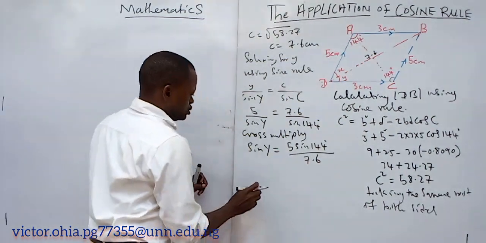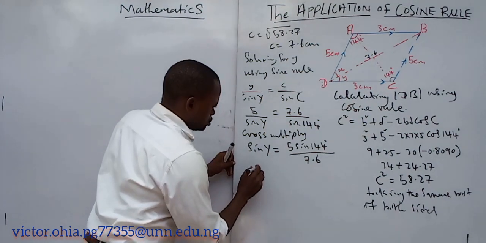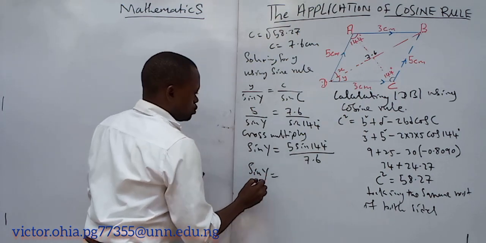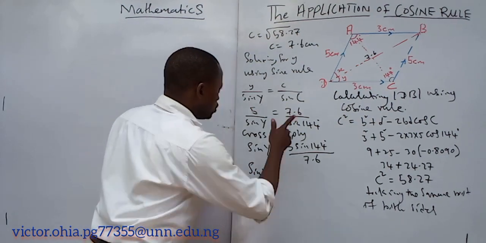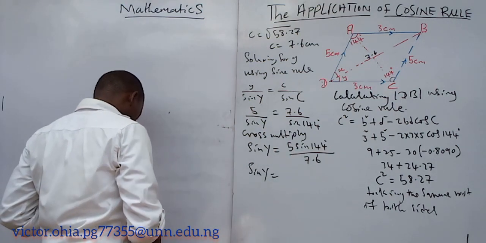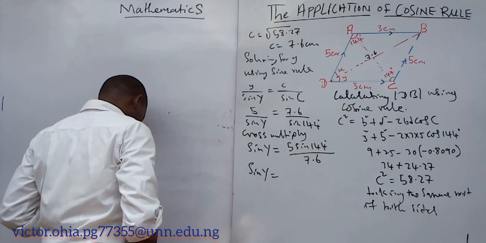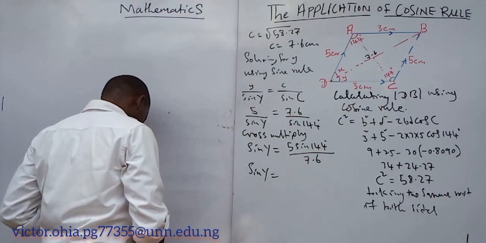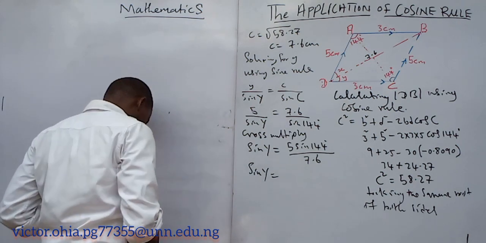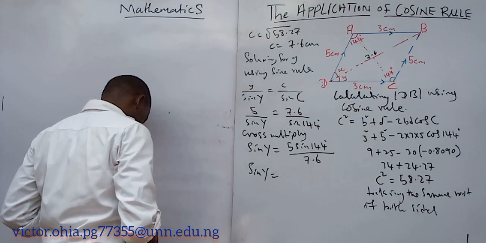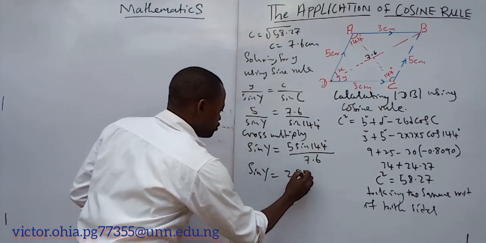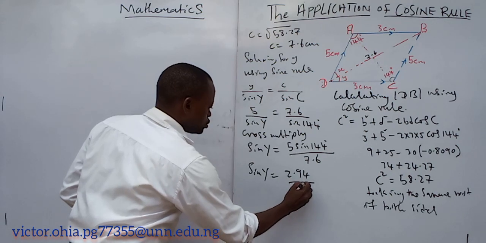I just want to minimize time. So quickly, sine y equals, when I'll be doing it in the other case, you also follow what I'm doing there. Let me take sine 144, which is 0.5877, times 5. So I have 2.94 approximately over 7.6.